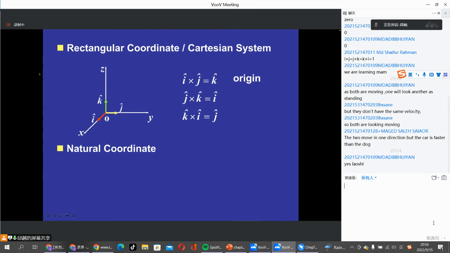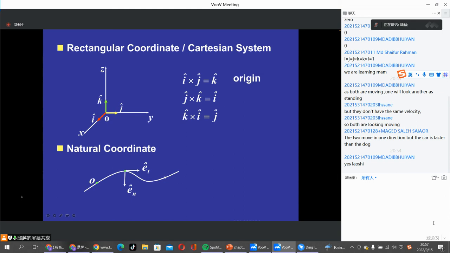Besides the rectangular coordinate system, we have another coordinate, natural coordinate. We use two vectors, et and en, and o to represent every point on this coordinate.